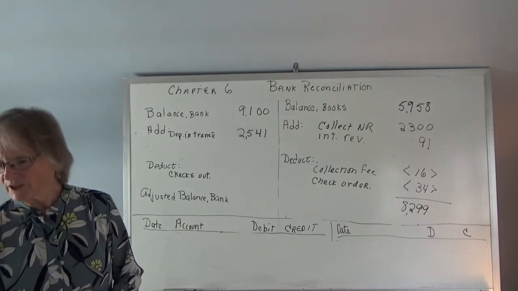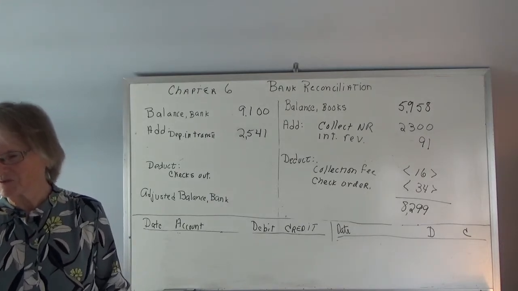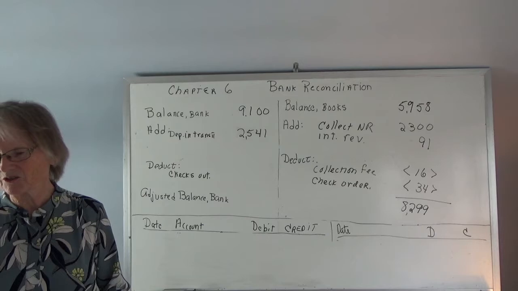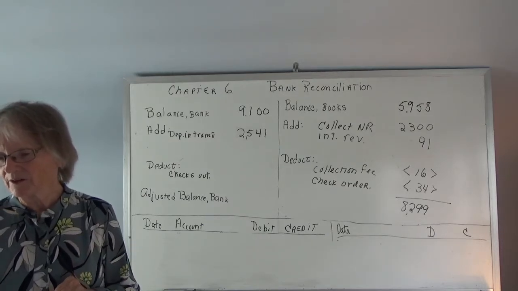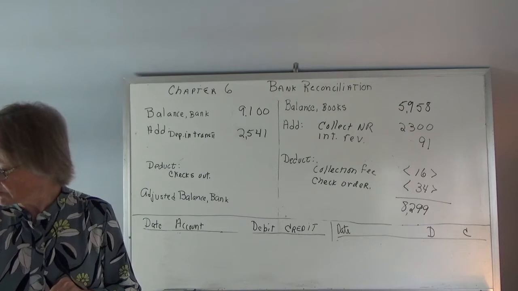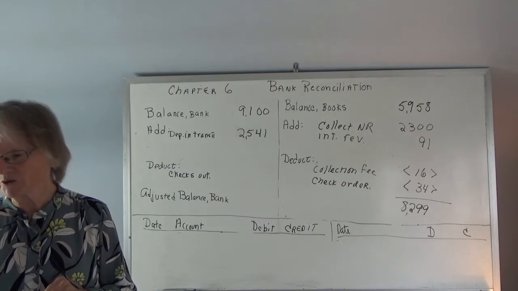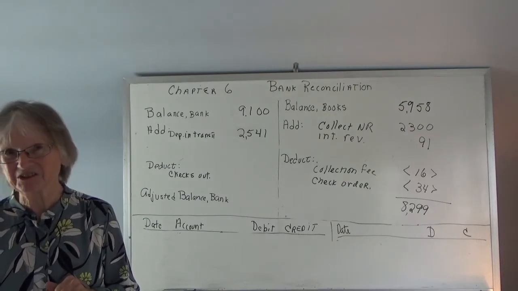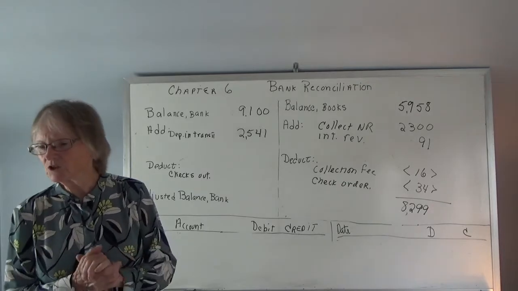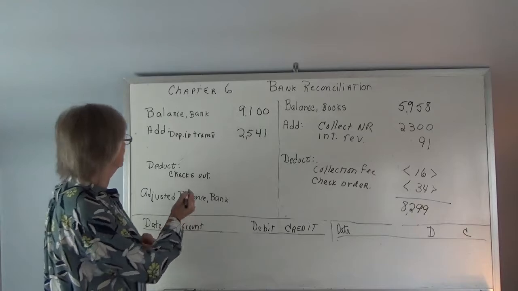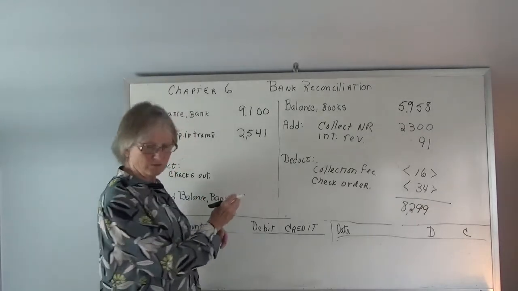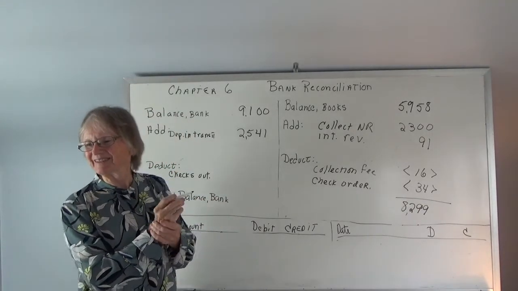And if we look at the bank statement and the checks that cleared, we will see that check number 2470 cleared, but 2451 did not clear. So check number 2451 for 700 bucks is still outstanding.